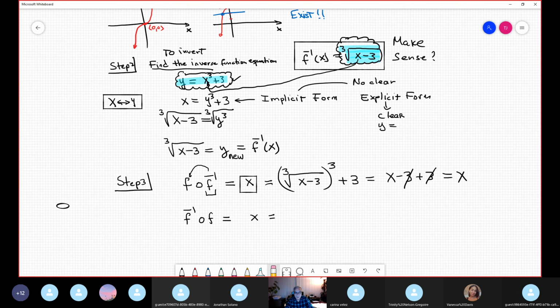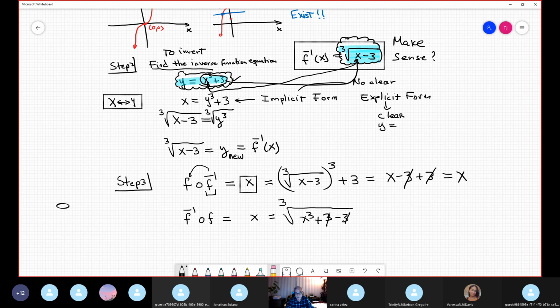Look, suppose now we do it completely differently. You take this f and substitute it here, and we have the cubic root, not of x anymore, but of x cubed plus 3, and minus 3 inside the brackets.